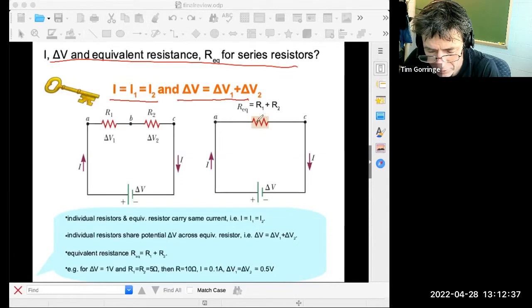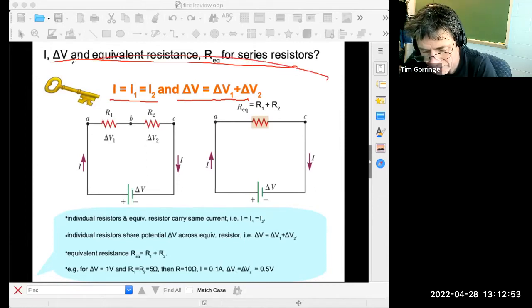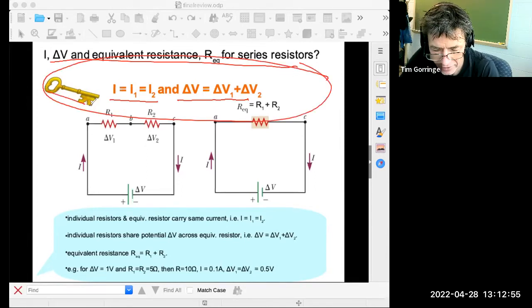Whatever electrical potential is applied across the circuit and across the equivalent resistor, part of it is shared by resistor number 1, and part of it is shared by resistor number 2. So that's the second equation here. This is key.